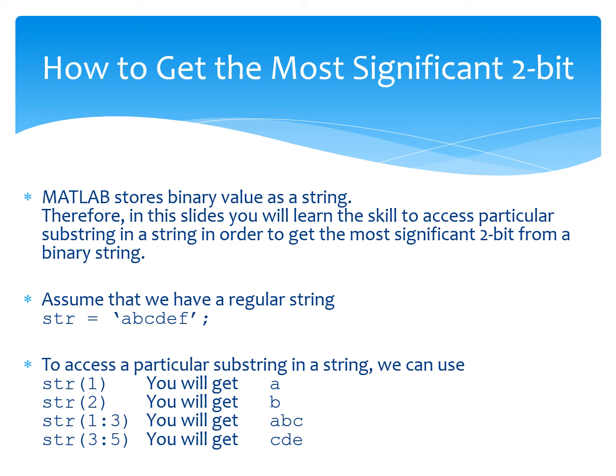In this case, you will get the character A. If you change it to str with 2, then you will get B, because in the parenthesis is the index, the subscript for the element in the string.